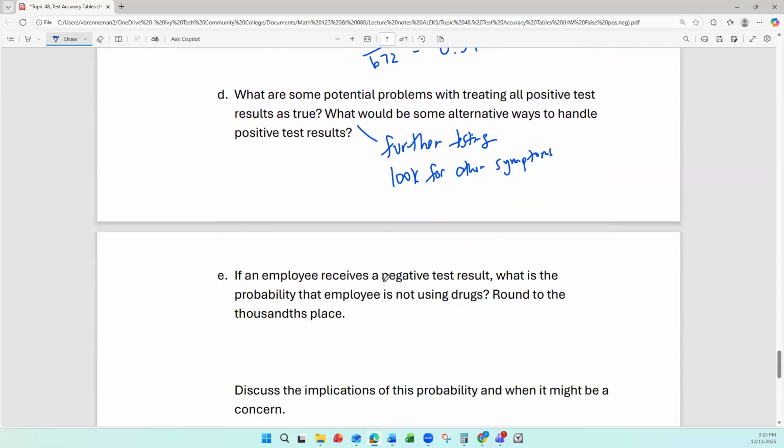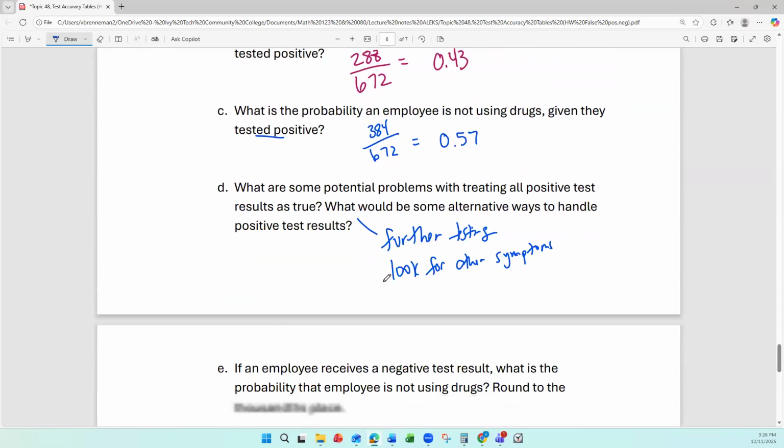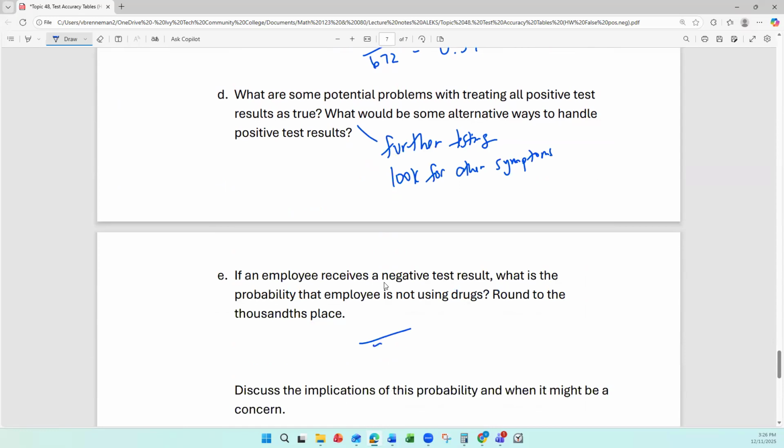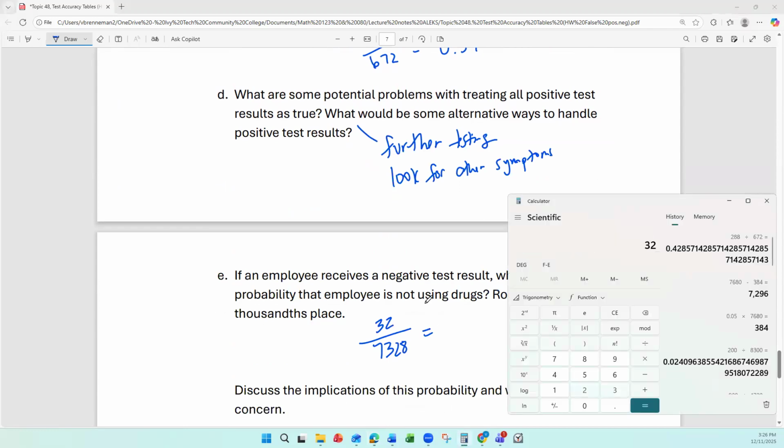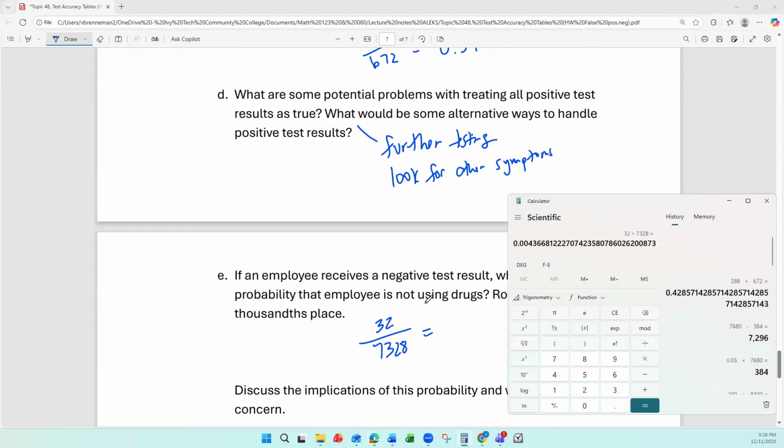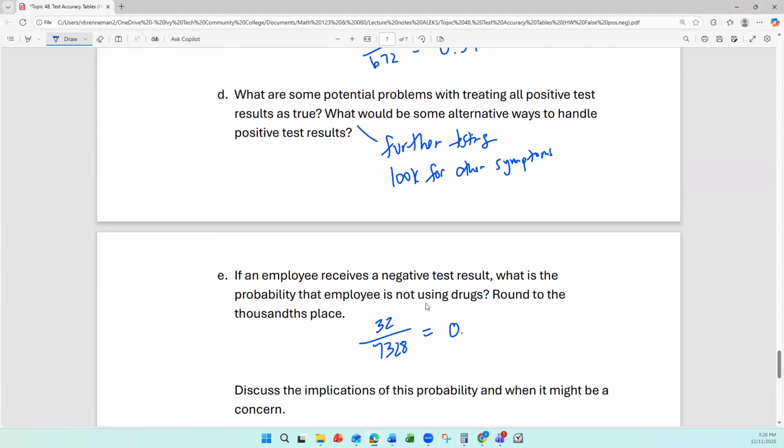Then if an employee receives a negative test result, so that's out of the 7,328, there were only 32 of those using. So 32 divided by 7,328 is 0.004.